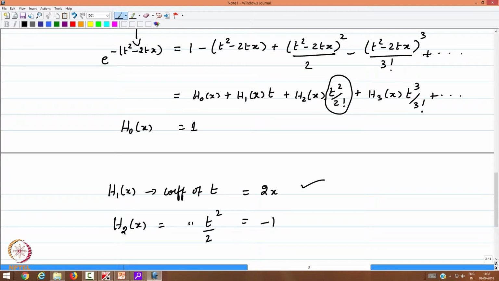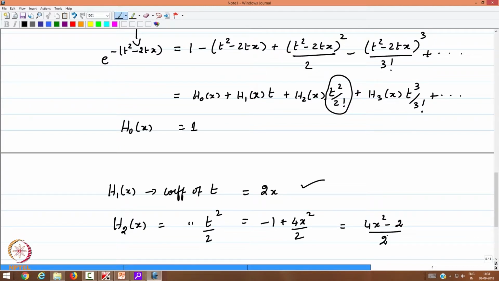So, what we have is plus 4x square by 2, and the expression is 4x square minus 2 divided by 2. Okay. And you can see that this 2, you don't need it, therefore the coefficient of this term h2 of x is 4x square minus 2.